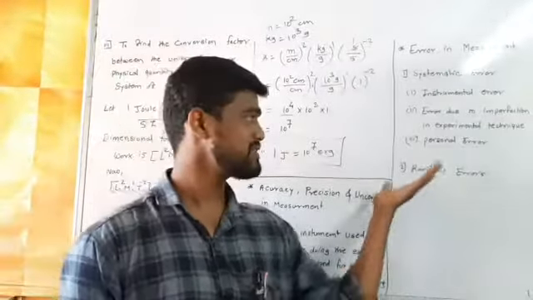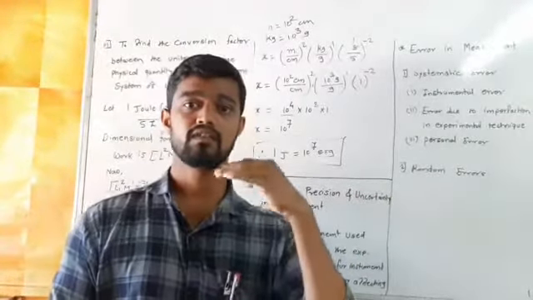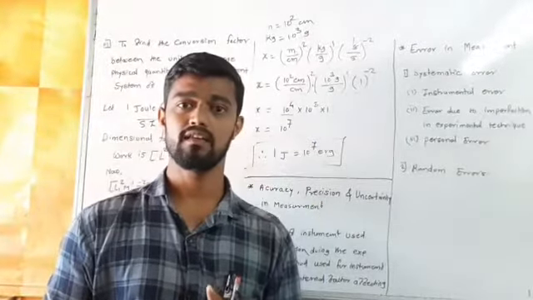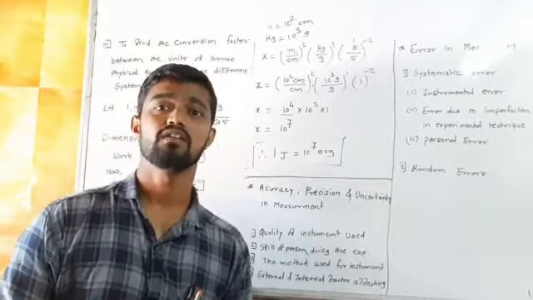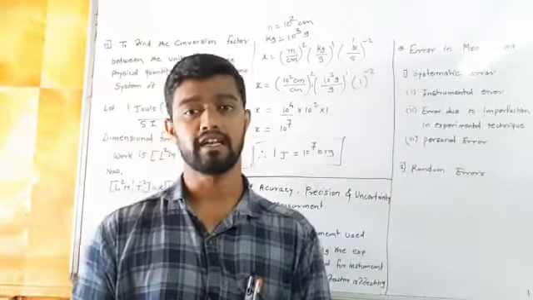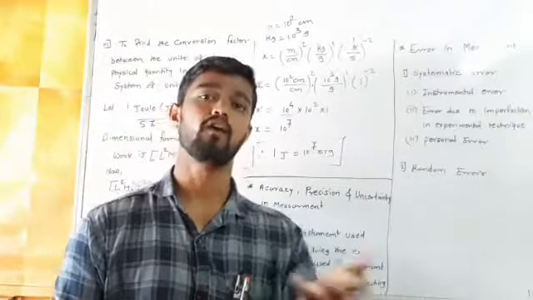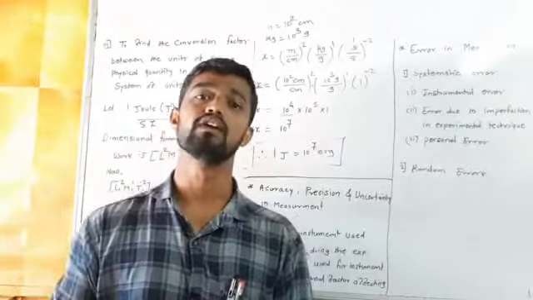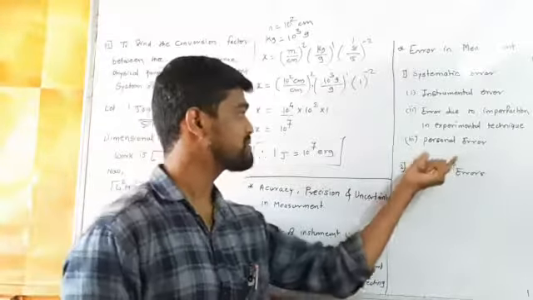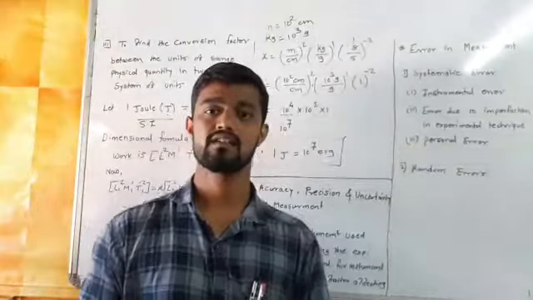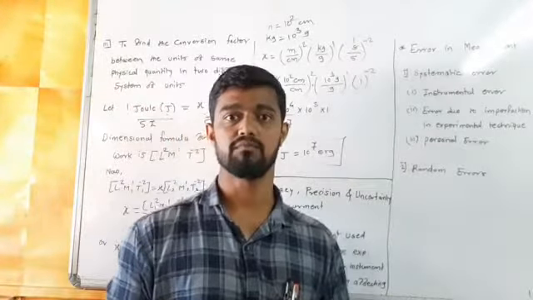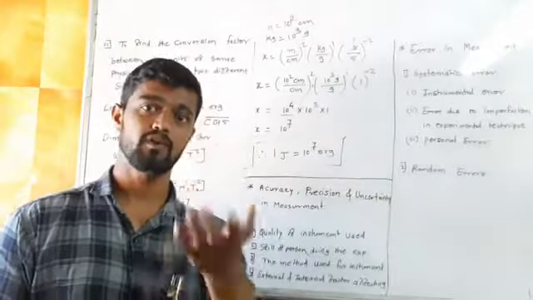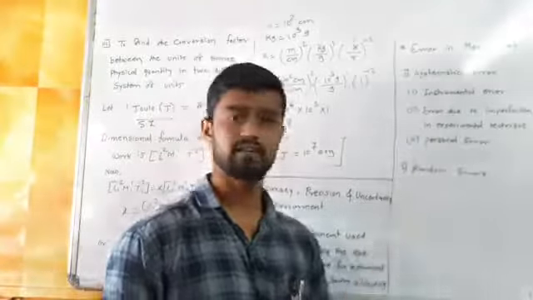It depends on the person, on you or me. The person takes a faulty reading. I observe a faulty reading, you observe a faulty reading. This is called personal error.